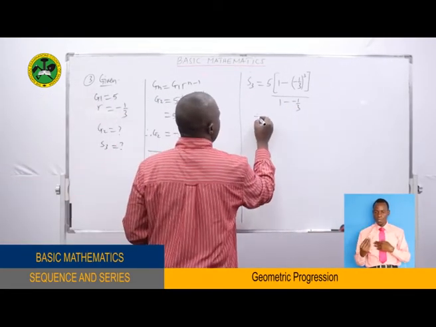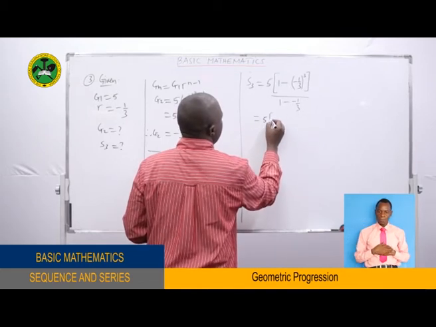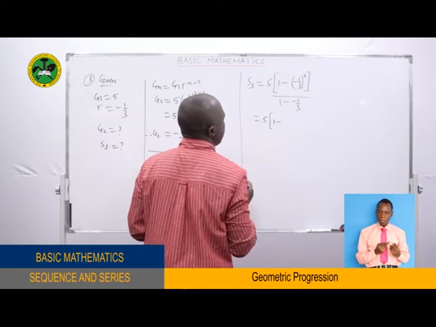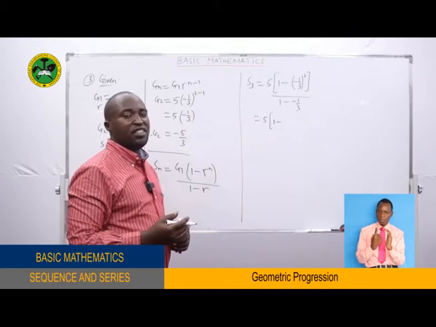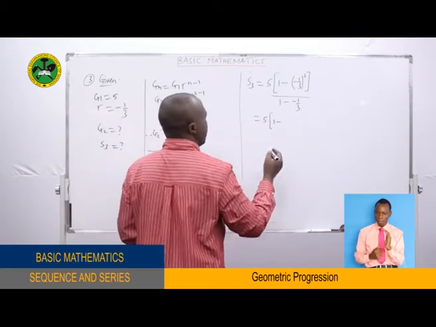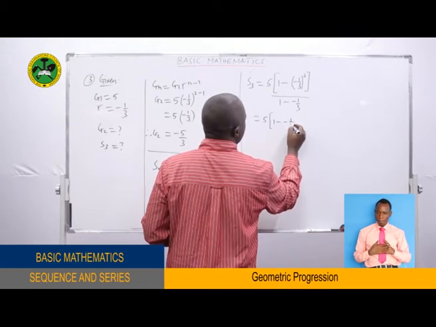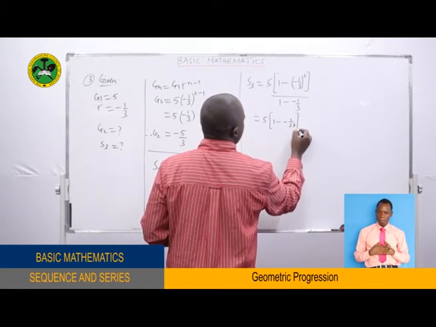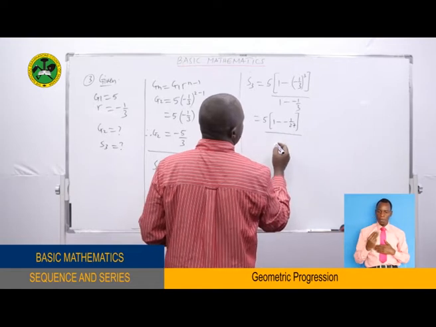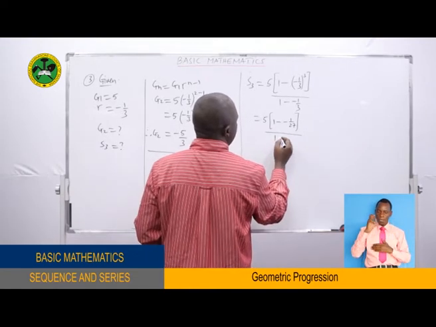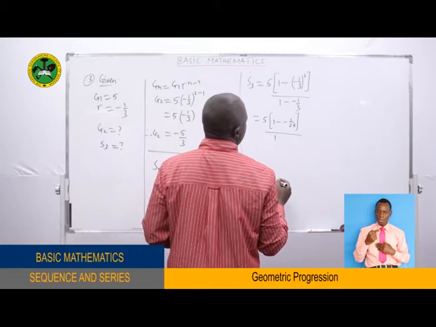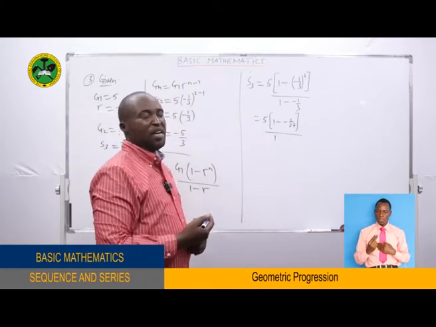So this one is equal to 5, bracket of 1 minus negative 1 over 3 cubed, which is the same as negative 1 over 27. So this one is over 1 minus negative 1 over 3.